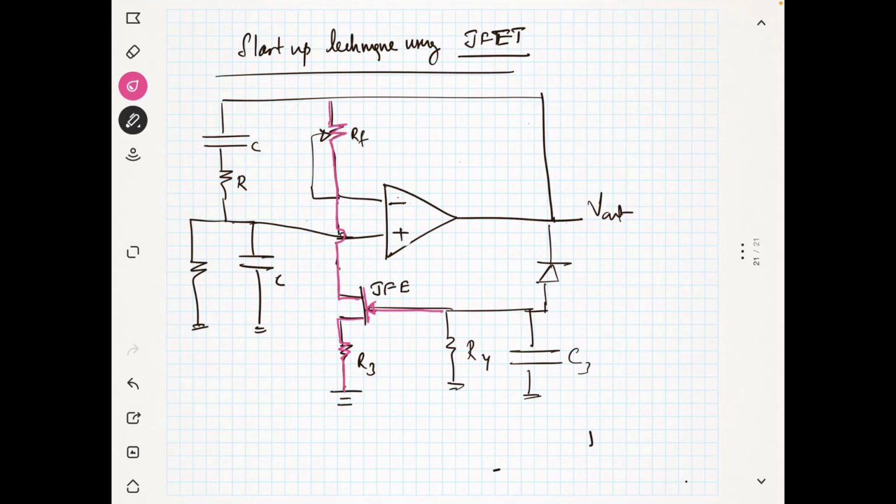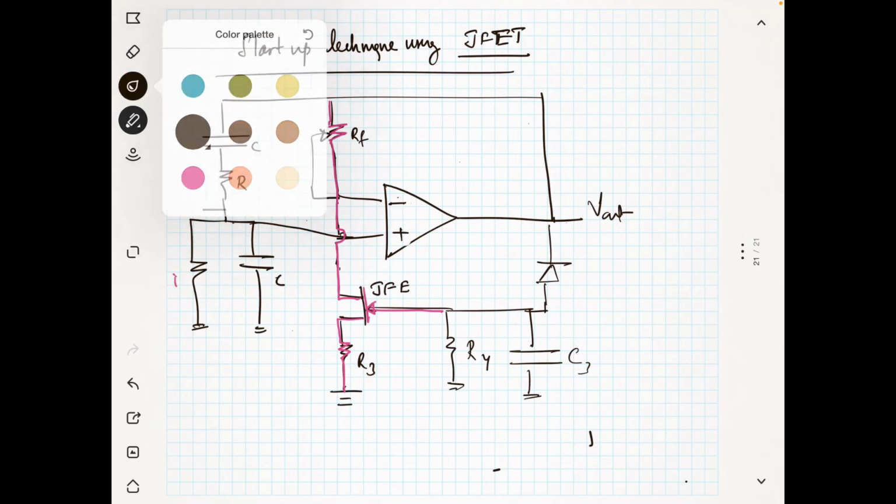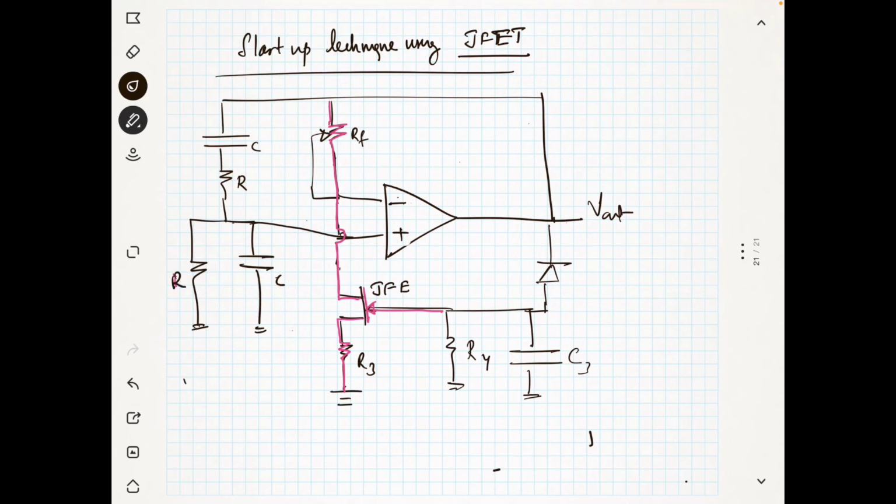Now what I want to tell you is that the resonant frequency will depend upon this RC network. So for this RC network, 1 by 2 pi RC is nothing but your resonant frequency. Now how is the gain actually controlled? The gain of the amplifier is basically set by the feedback loop.